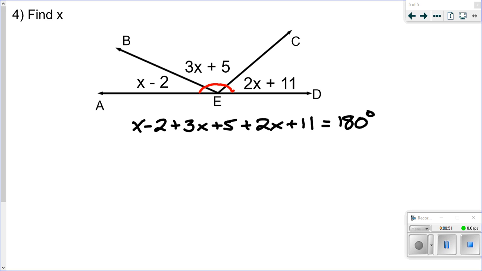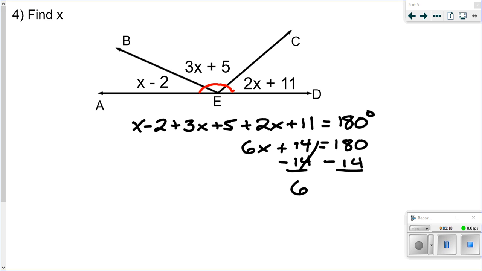So that would be 6x. 11 plus 5 is 16. Minus 2 is 14. Positive 14. So plus 14 equals 180. Subtract 14 from both sides. Now I have 6x equals 166. Divide both sides by 6.